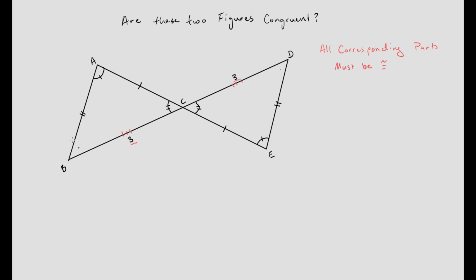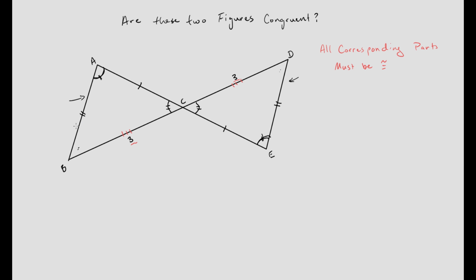Well, I see that I have these two lines here, and then this third line. You know what? These are alternate interior angles. So if I knew that that line was parallel to that line, I would be good. Well, with this line and this line, I have a second transversal. And you can see here that these alternate interior angles are congruent.